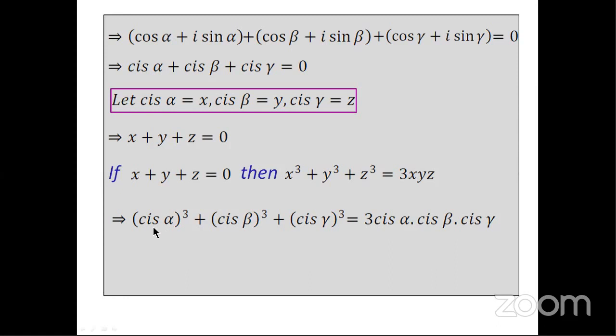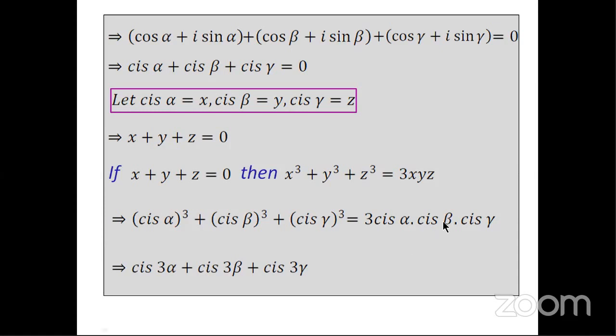Then just try to observe each and every term on your left hand side. This is nothing but your De Moivre's theorem application. That means you have cos theta plus i sin theta whole power n, which is nothing but cos n theta plus i sin n theta. So we can write this as cis 3 alpha plus cis 3 beta plus cis 3 gamma.